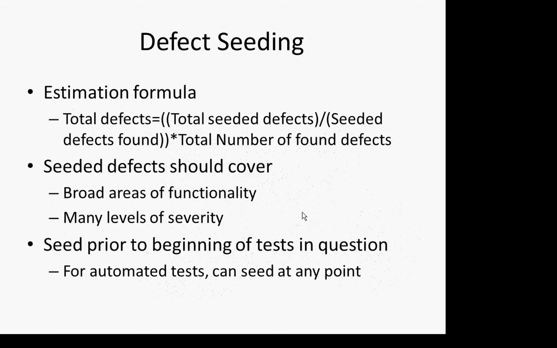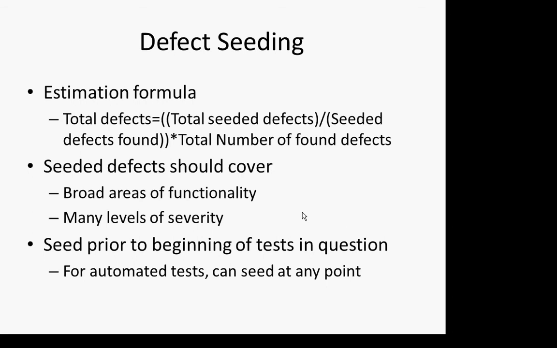Okay, so the basic reasoning is very similar to the fish tags. These are our tagged fish, the seeded bugs, and we see what fraction of all the total seeded defects we found within 2 weeks, and how many total bugs we found within those 2 weeks, and we multiply that ratio just like we do with the ratio of tagged fish.